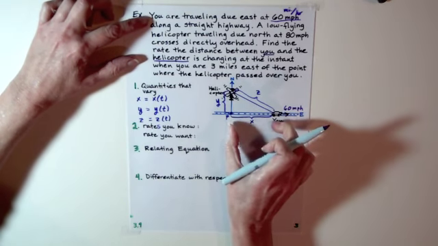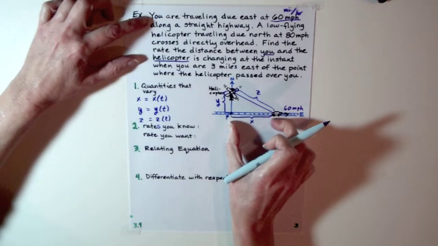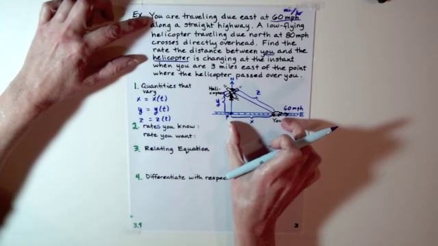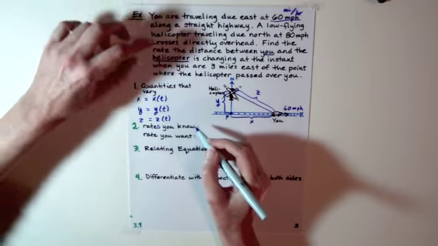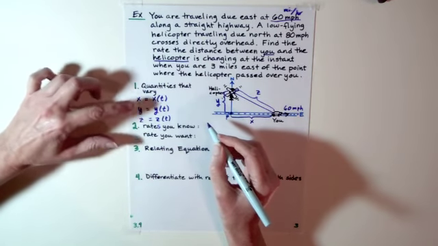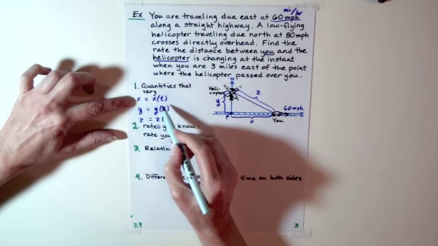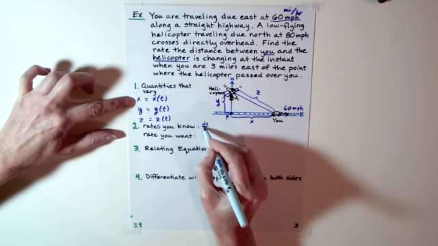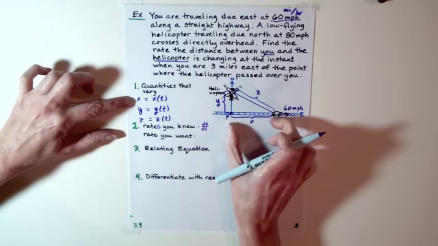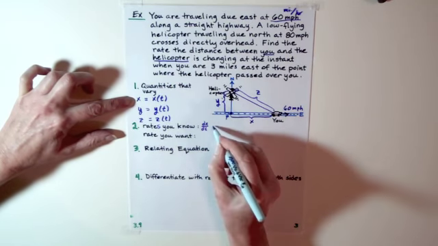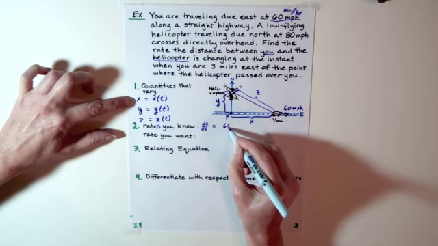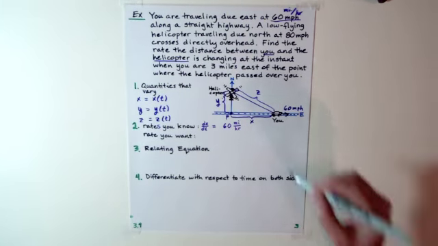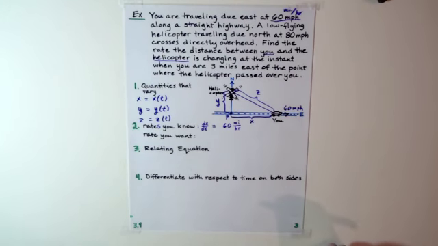That means that your distance from point P, which we called x, is changing at the rate of 60 miles per hour. So the rate that we know, or one of the rates that we know, is x prime of t, or you could write it as we usually do, dx/dt. The rate that your distance x from the point P is changing in time is 60 miles per hour. And instead of writing mph, I'll write it in a more mathematical way, miles over hours.